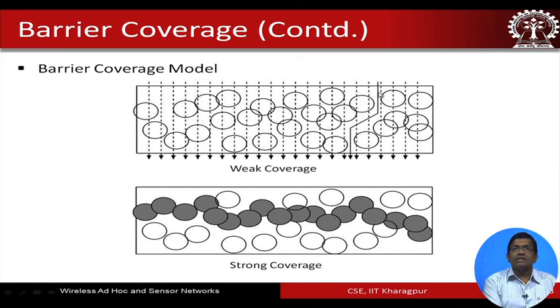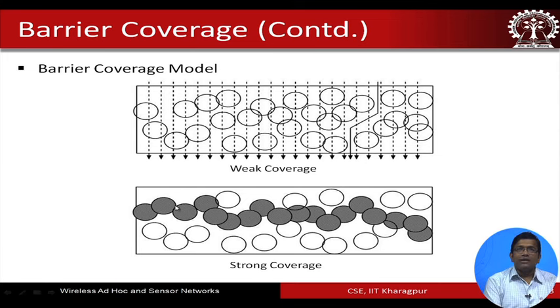So if somebody follows this particular trajectory, that person is going to cross this barrier without getting detected by a single sensor node. Otherwise, if others take these trajectories like the dashed arrows over here, this problem is not there. That means there is at least one sensor node which will detect this kind of crossing of these barriers.